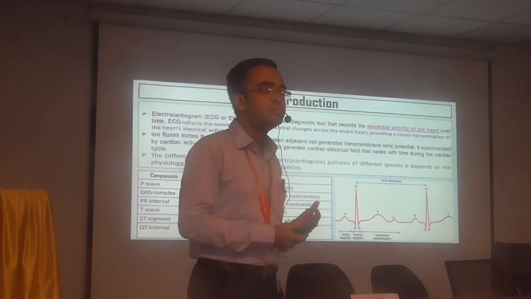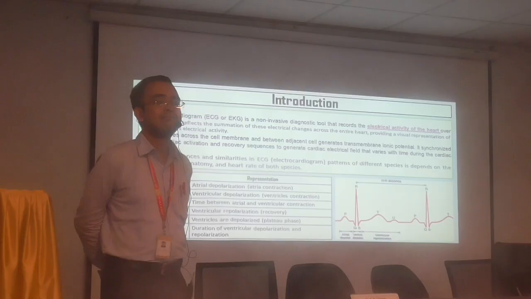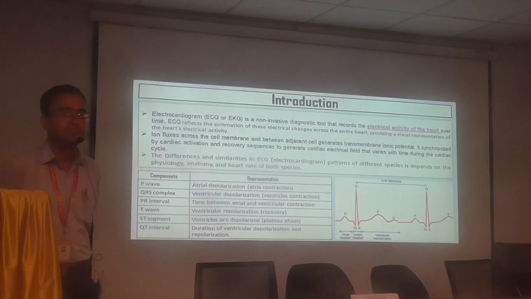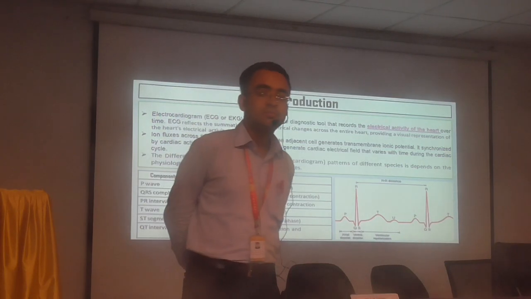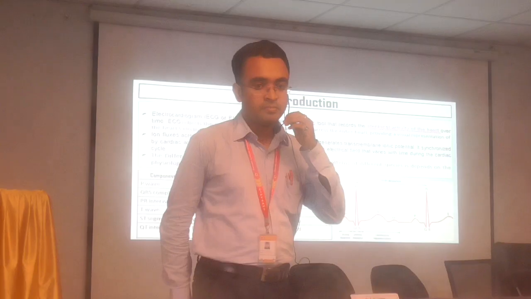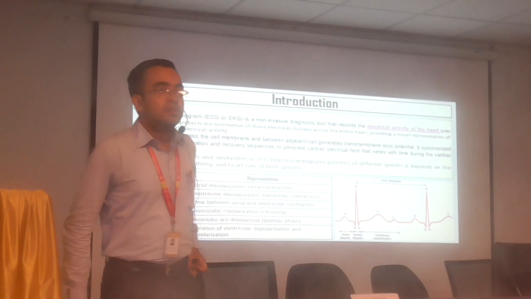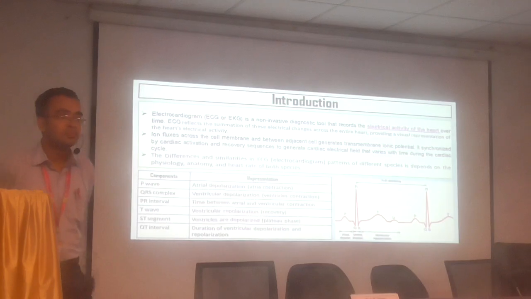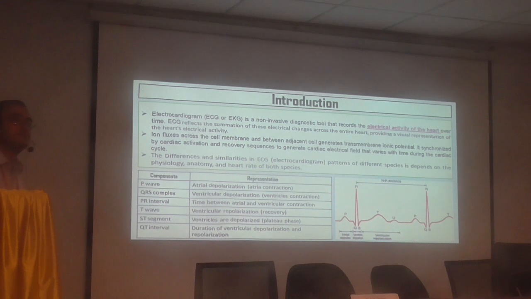We want questions from that side. We don't want you to just be silent, please. While there is a question, we have to interact. After atrial depolarization, why is there no repolarization? Why?